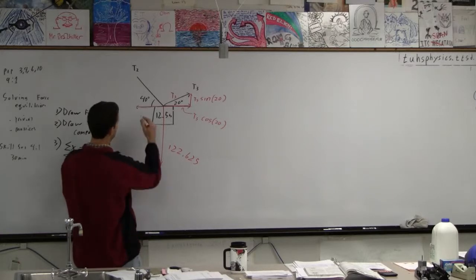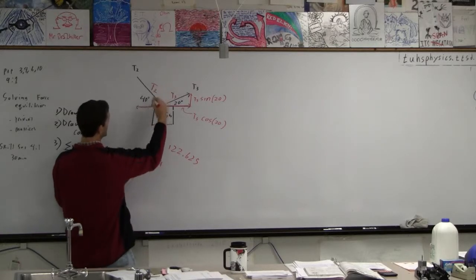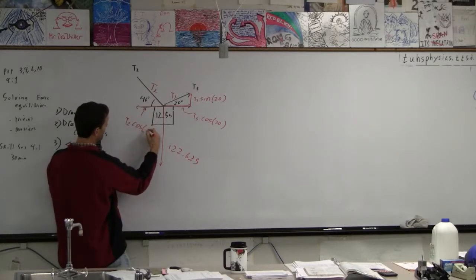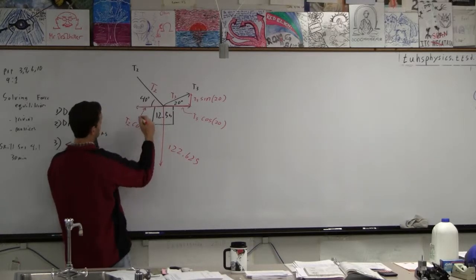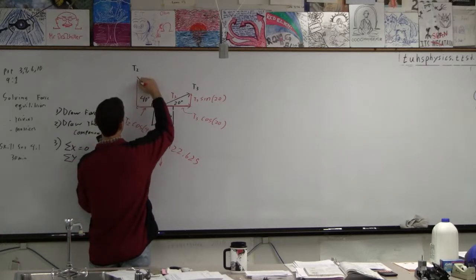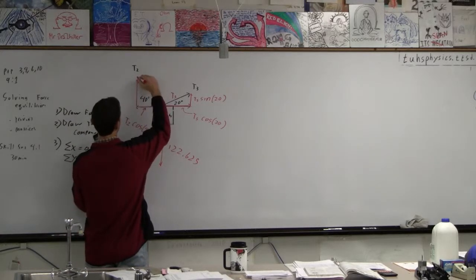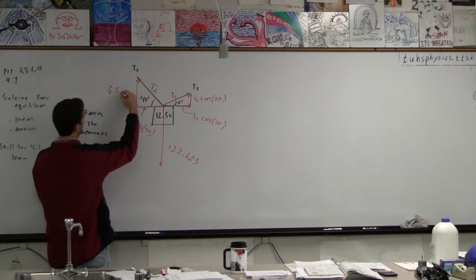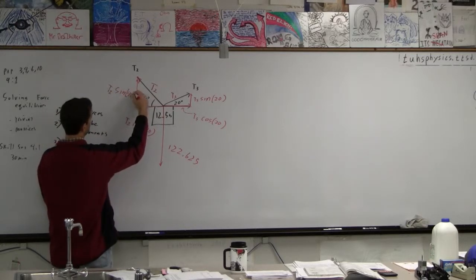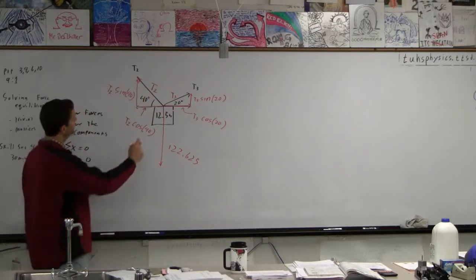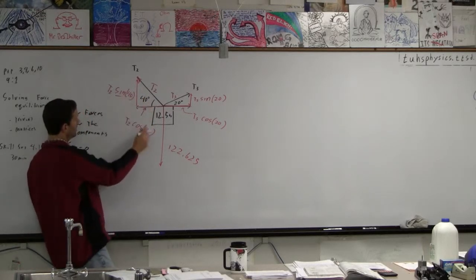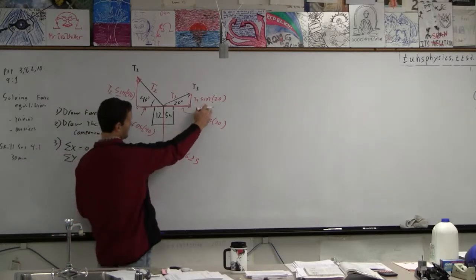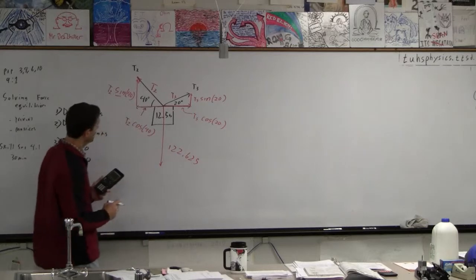Okay. So if this is T2, this guy here is T2 cos 40, sorry. Okay, and then this component here, this one here is T2 sine 40. And again, I'm just using SOHCAHTOA. The opposite side from the angle is sine. The adjacent side is cosine. Opposite side is sine. Adjacent side is cosine, like that.